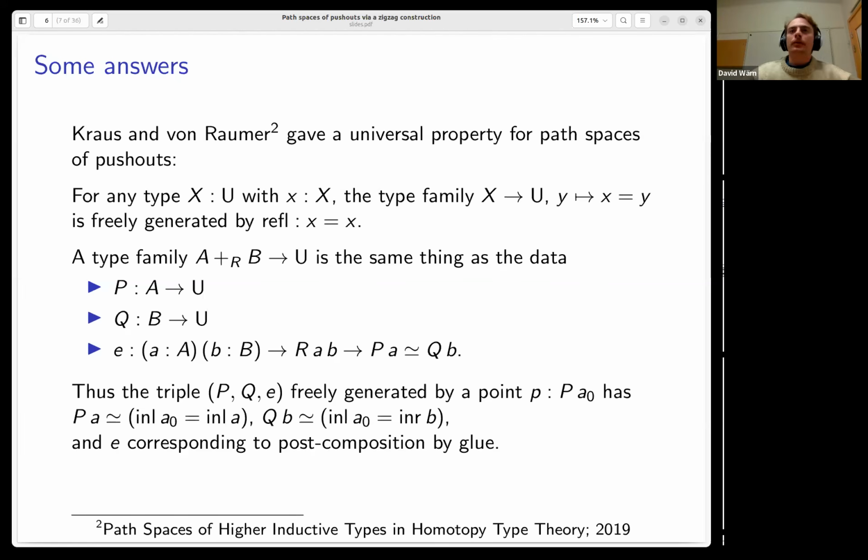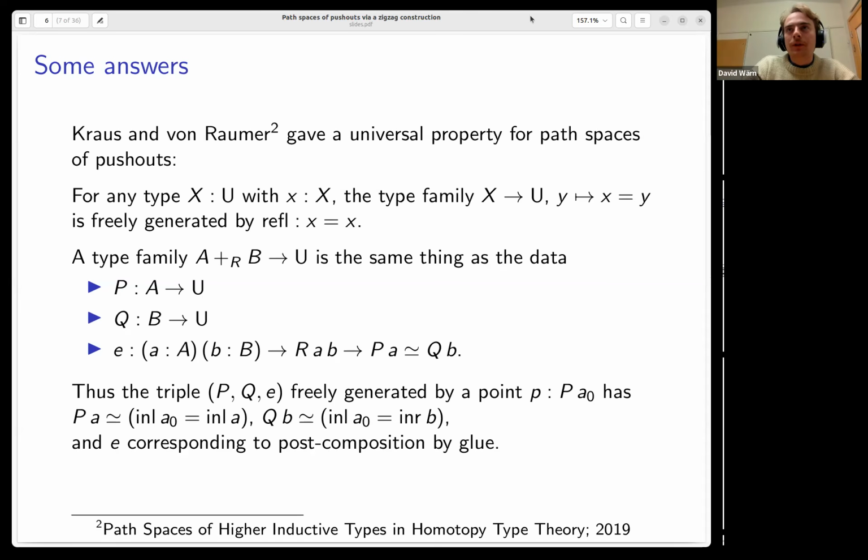And then if we specialize to pushouts, we can say a bit more. So we know that a type family over a pushout is a map from the pushout into the universe, and assuming univalence, this is the same thing as the data of a type family P over A, a type family Q over B, and this data of equivalences E. So whenever you have two elements of A and B that are related, then the type families P and Q at those points are equivalent.